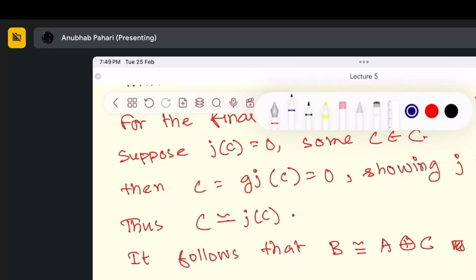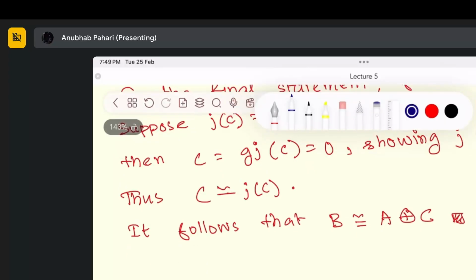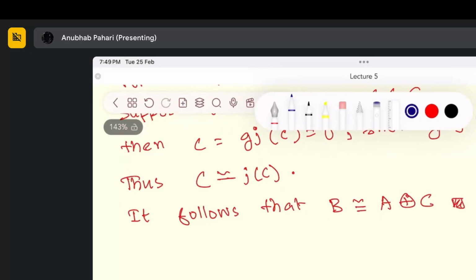Let A be a finitely generated K algebra. K is a field here.